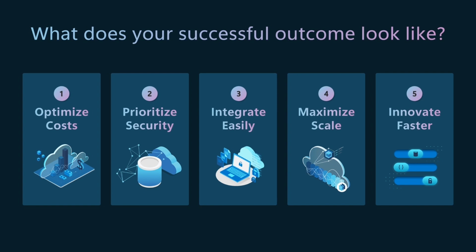You can also enhance the security by using the in-platform capabilities that we offer you. You're also having a much easier way to integrate all of the different services, like AI services, data services, and other artificial intelligence services altogether. You can also maximize the overall scale, scale out, scale up much easier and also scale down when you don't need that much capacity.